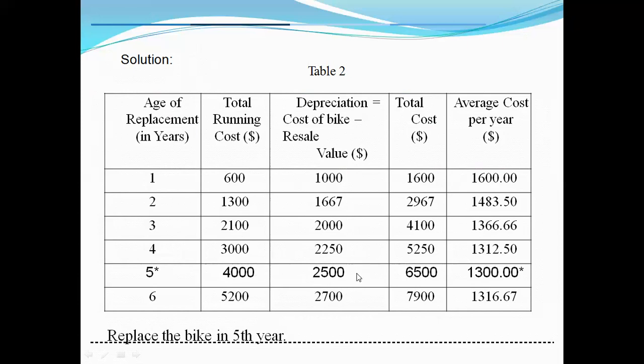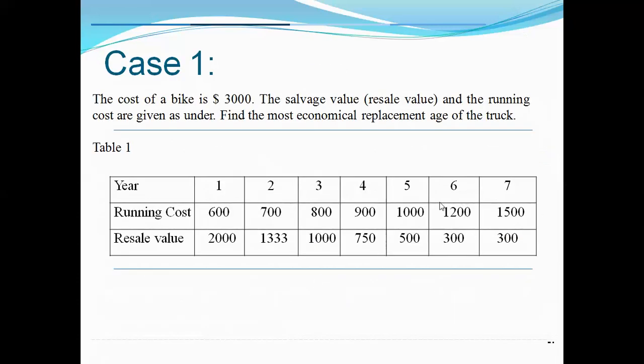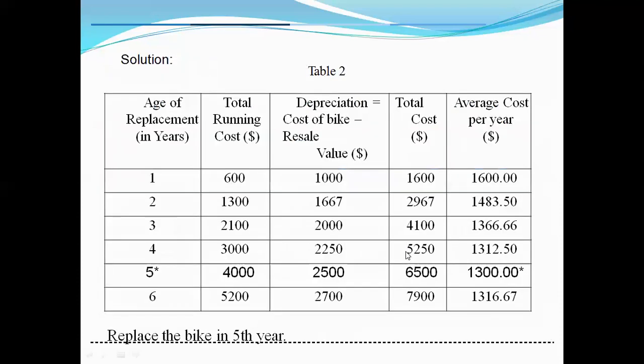The depreciation: the total bike cost 3000 minus the fifth year resale value 500, that is 2500. Upon addition, 4000 plus 2500 is 6500. On average, divided by 5 years, it leads to 1300. The average cost value is 1300.